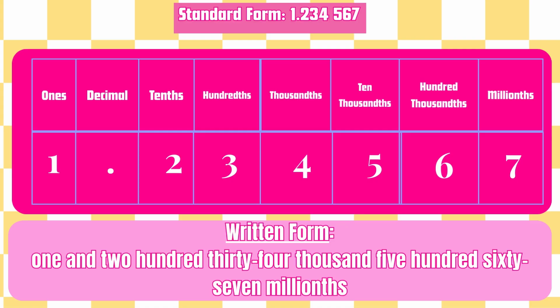Notice how we say 1 for the whole number part, then "and" to indicate the decimal point, and then we read the decimal portion as a complete number, followed by the place value of the last digit.